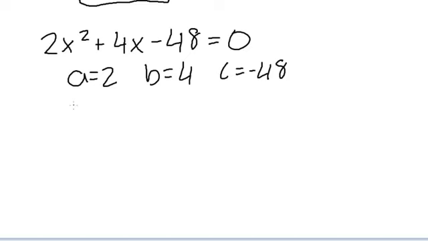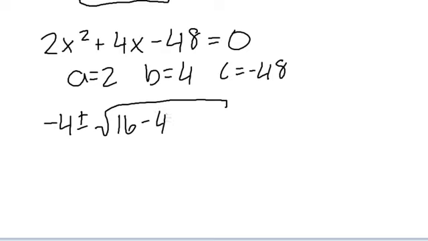So now let's plug it in. So we'll get negative b, so negative 4, plus or minus the square root of b squared minus 4 times a times c. So 2 times negative 48 is negative 96. And negative 4 times negative 96, since it's negative 4 and negative 96, if you multiply them together, it's going to be plus.